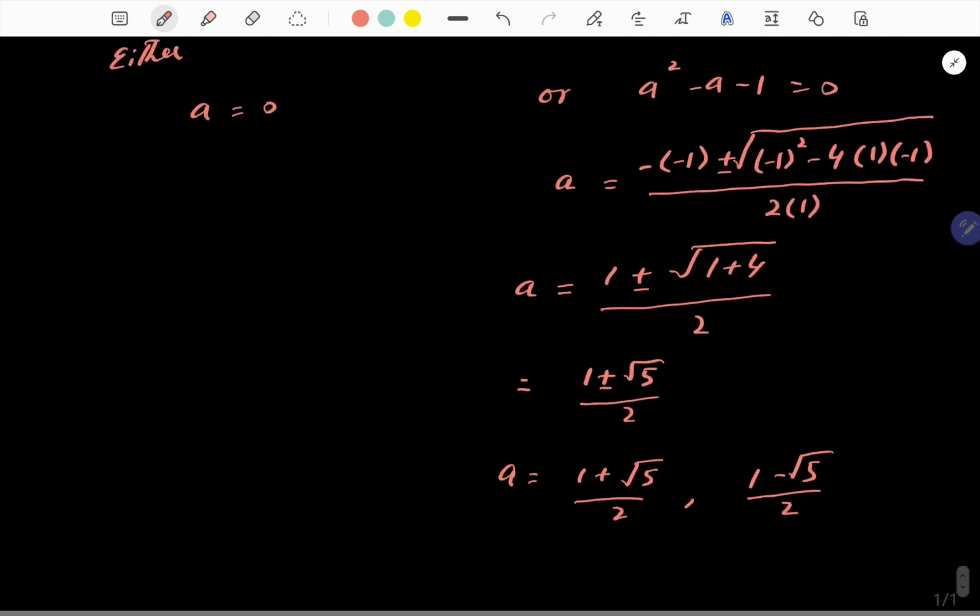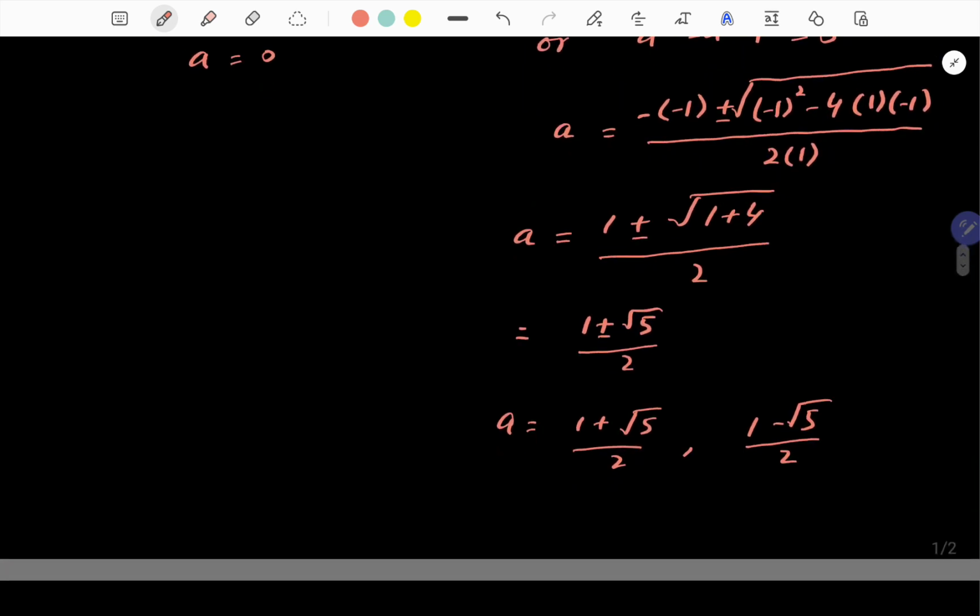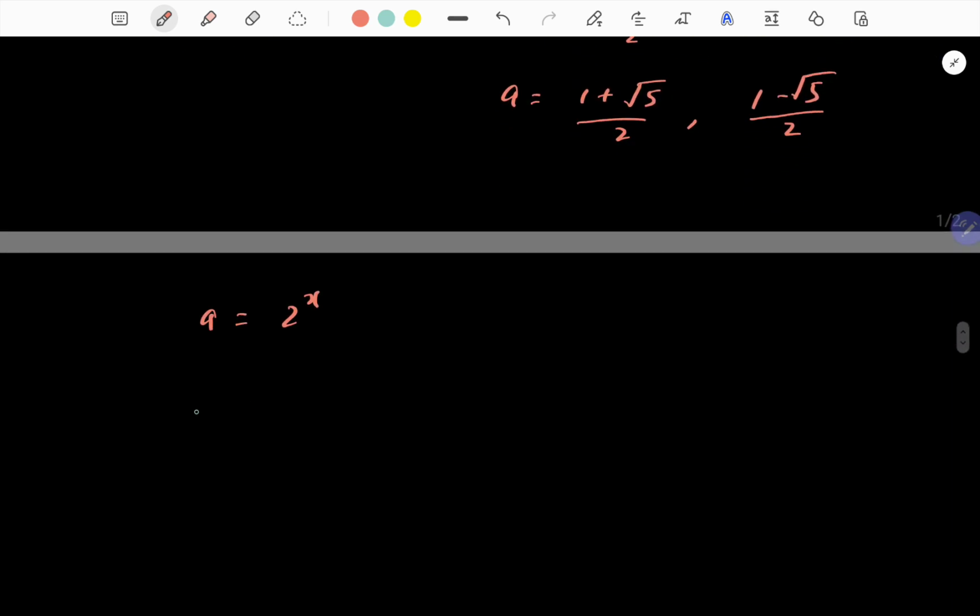So now we know that we have substituted a = 2^x. So we take the first case, when a is equal to 0, it means 2^x = 0. For any value of x, either it is positive or negative or 0, we can check that 2^x is greater than 0 for any real number x.